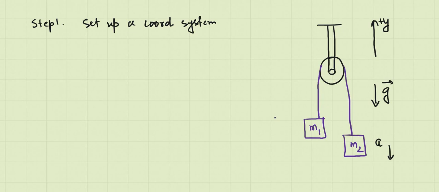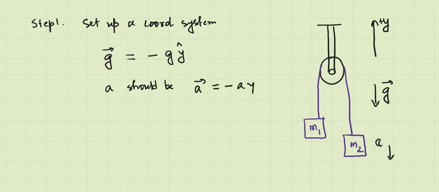So what do we have? We have the g, the gravity, acting as, in this coordinate system, negative g y hat. That would be the gravity, and for our acceleration, a should be in such a way so that the a vector would be minus a y hat.